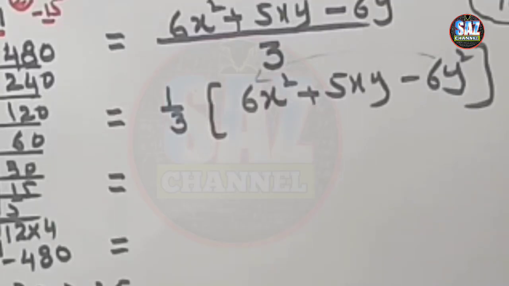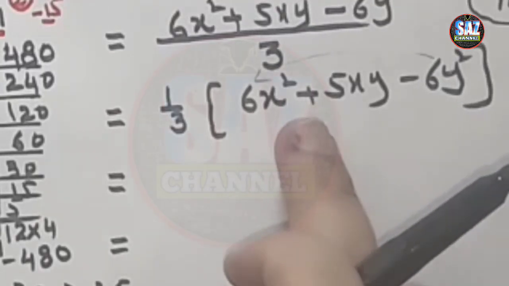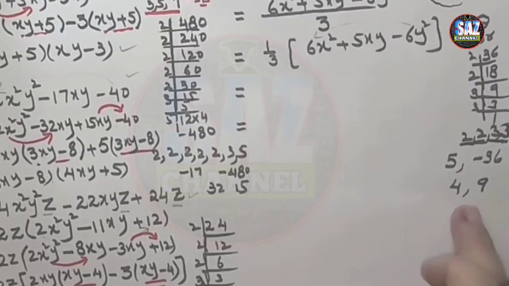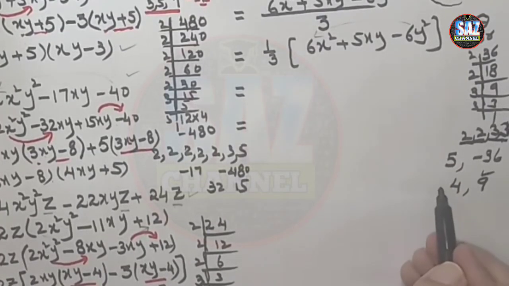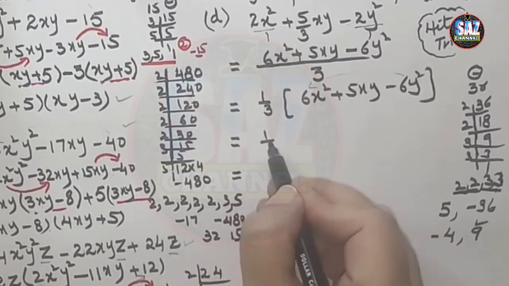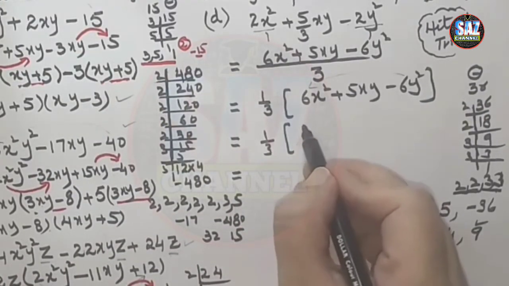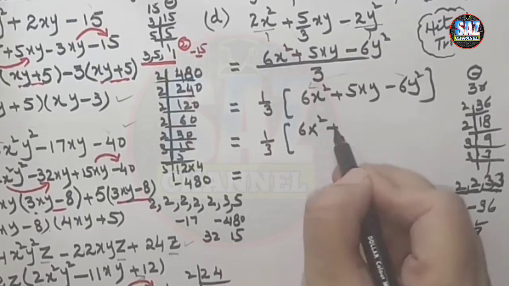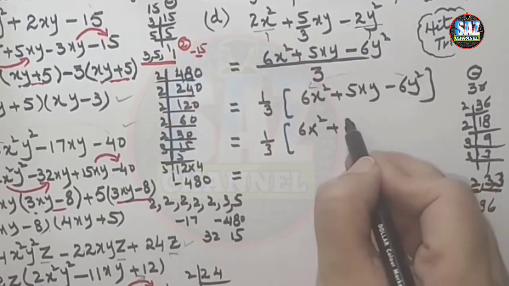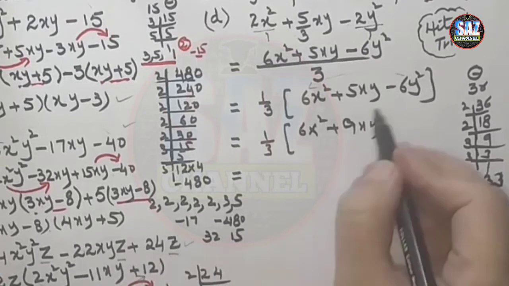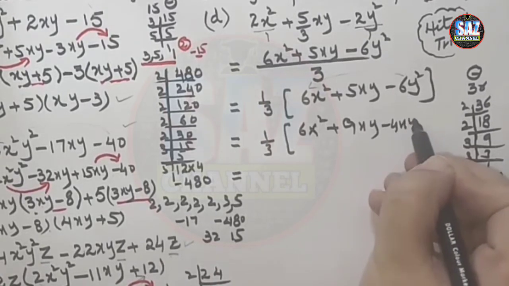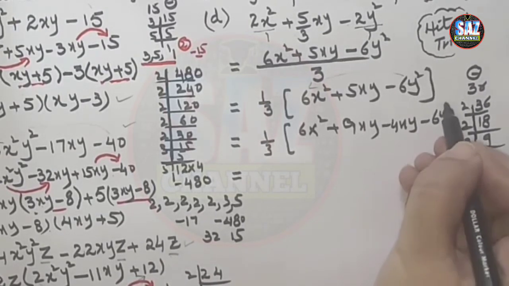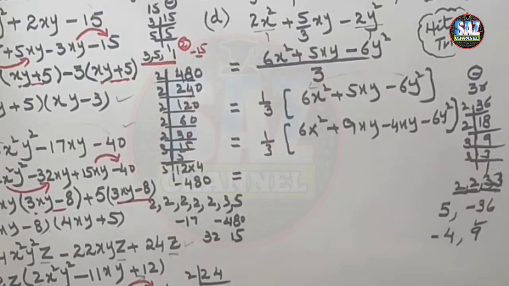Now the problem is that I need positive 5, so the bigger factor will have the positive sign and the smaller factor will have the negative sign. Coming back to the question, 6x square plus 9xy minus 4xy minus 6y square. I hope this is clear.